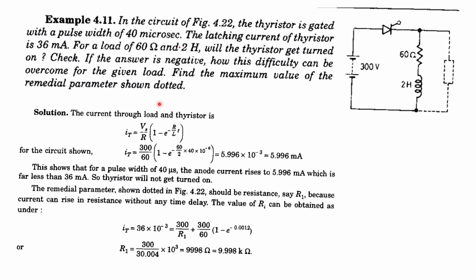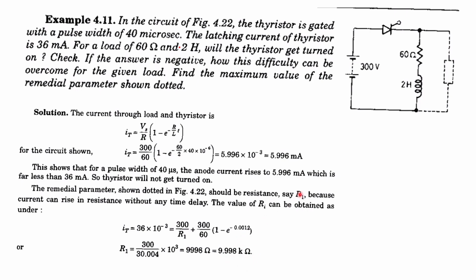How did it come? It is already given over here: 36 milliamps equals, 300 is the source voltage. This is the simple current division rule: 300 by R1 plus the same 300 by 60 into 1 minus e to the power minus t by tau. So R1 equals 9.998 kilo ohms.